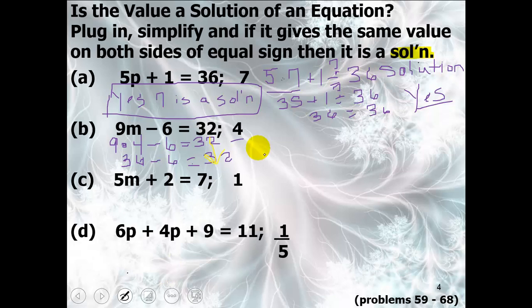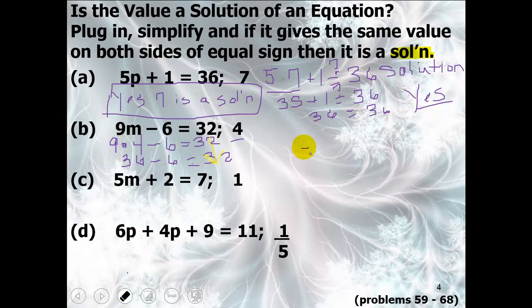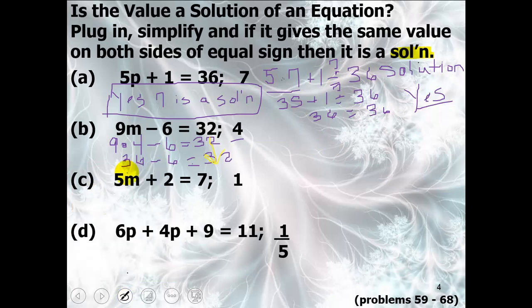Now 36 minus 6 is 30. 30 does not equal 32. So 4 is not a solution. That would be no.